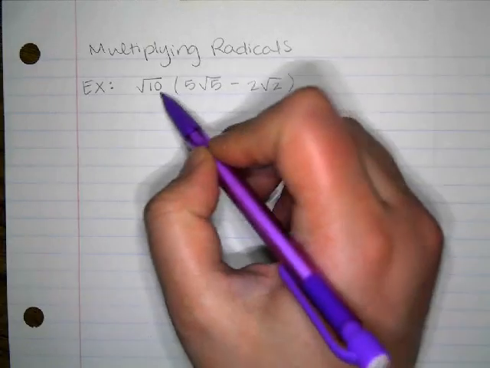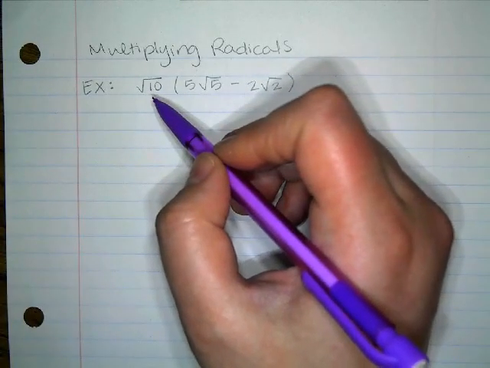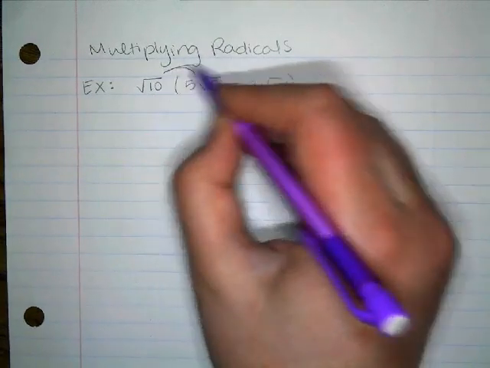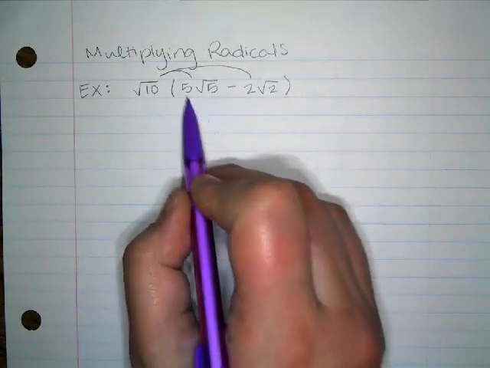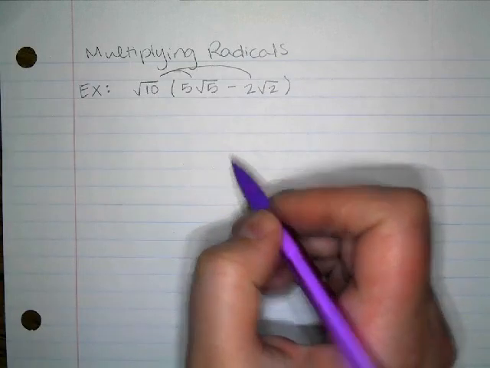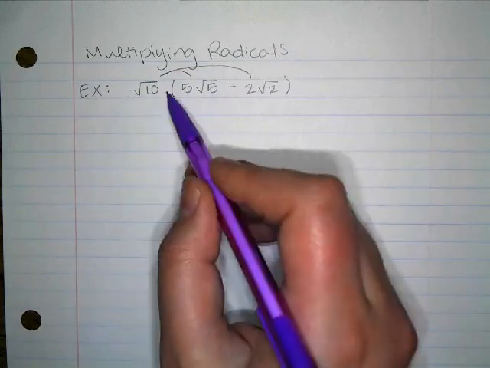Okay, so how do we multiply when we have parentheses and something in front of the parentheses? Starts with a D. Distribute. We're going to distribute. So how do I multiply root 10 times 5 root 5? You multiply the roots. If this one had a coefficient in front, then you would multiply the two coefficients.